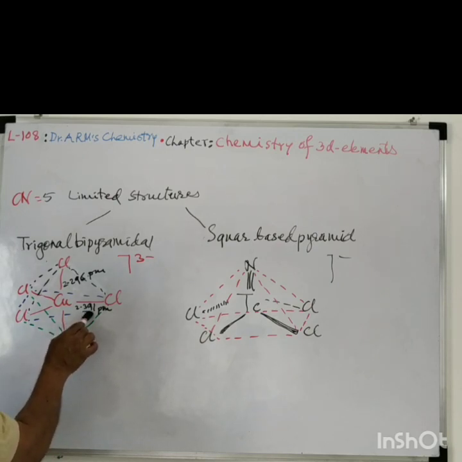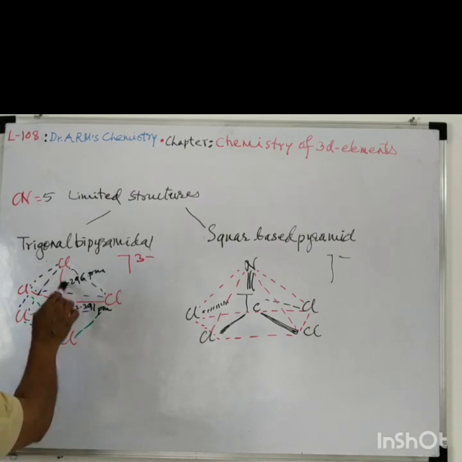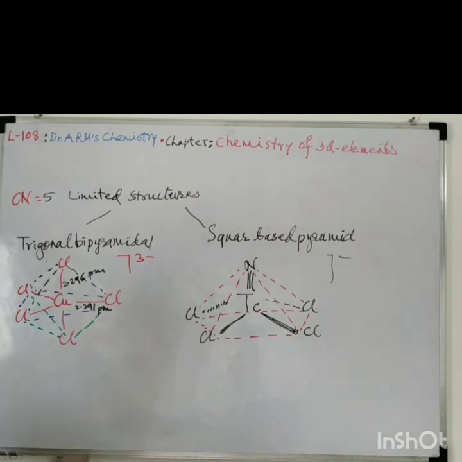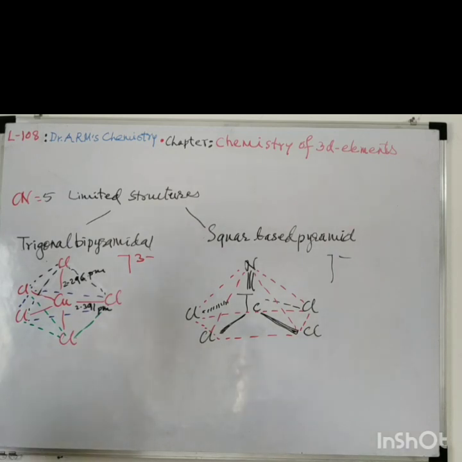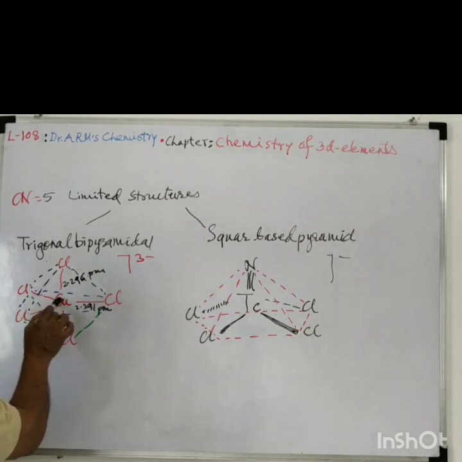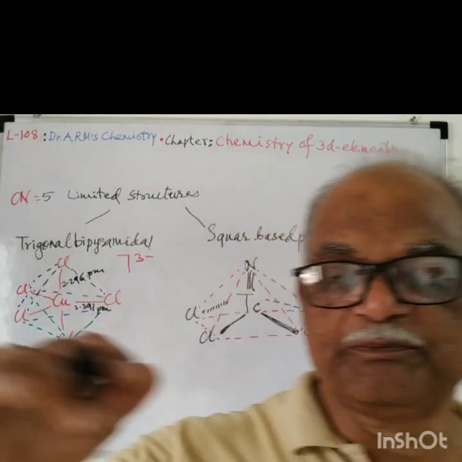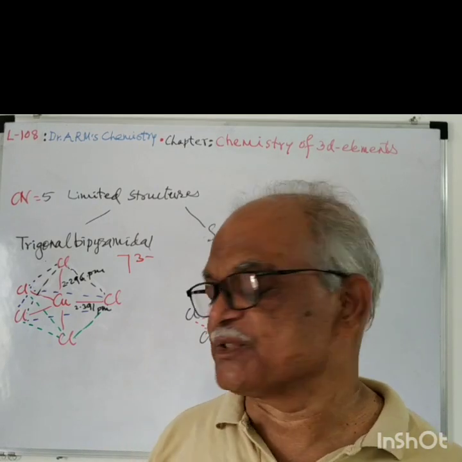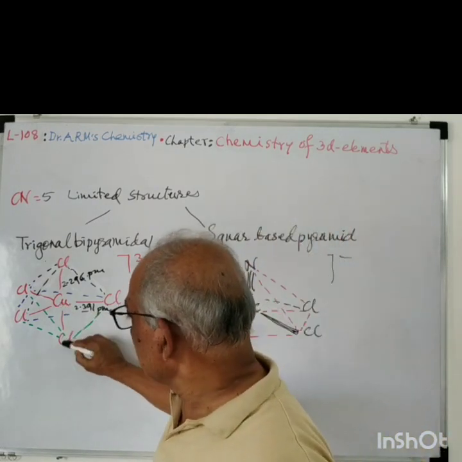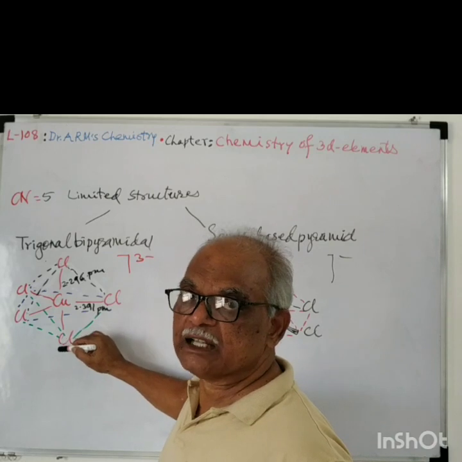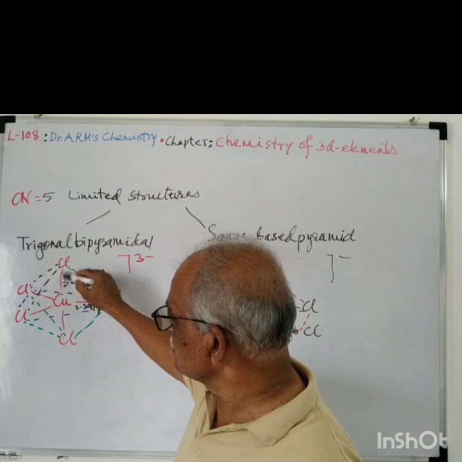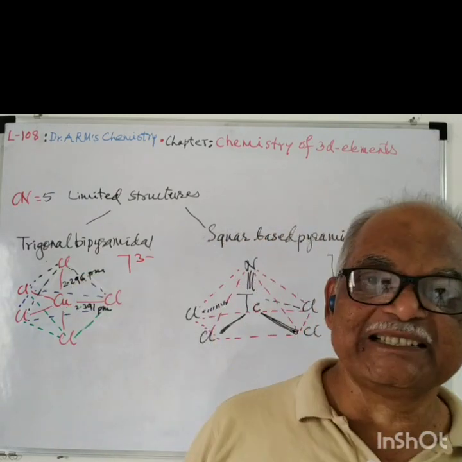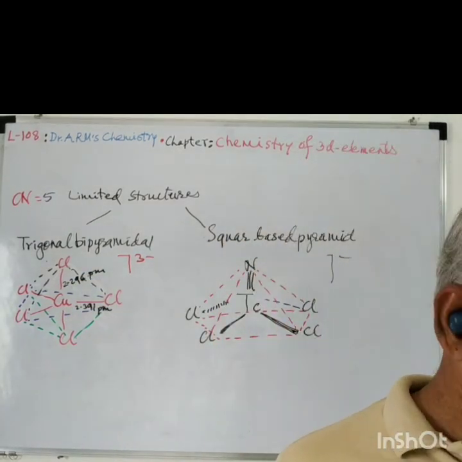Comparatively, the axial distance is larger than in the trigonal structure. The three Cl lying in the trigonal plane have the same distance, but the axial ones lying around the z axis have this Cu-Cl distance comparatively somewhat larger.